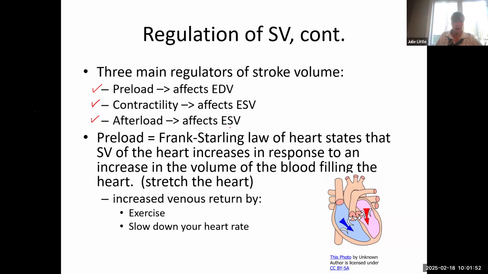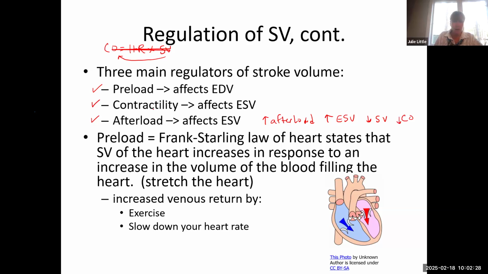So afterload affects end systolic volume. If you increase that pressure, we increase end systolic volume, and that will reduce stroke volume because we're sending less blood out. And in our original equation, cardiac output equals heart rate times stroke volume. If we reduce stroke volume, we reduce cardiac output.